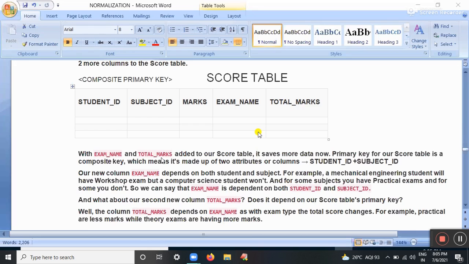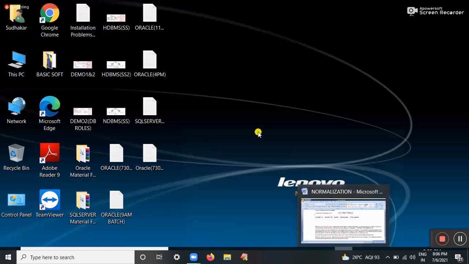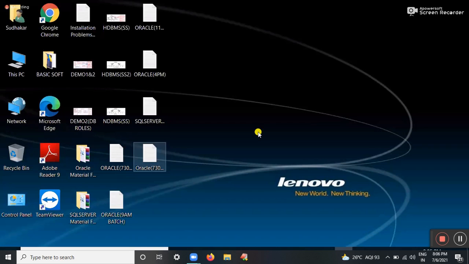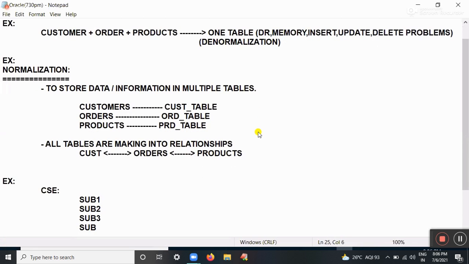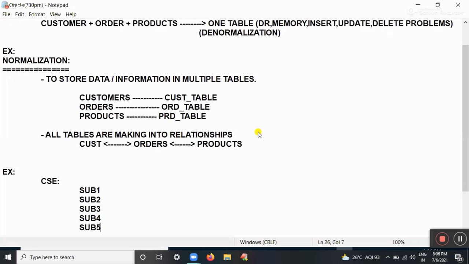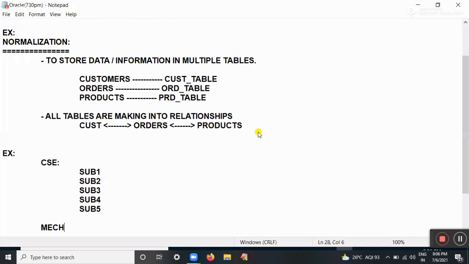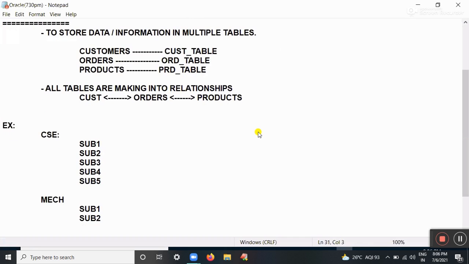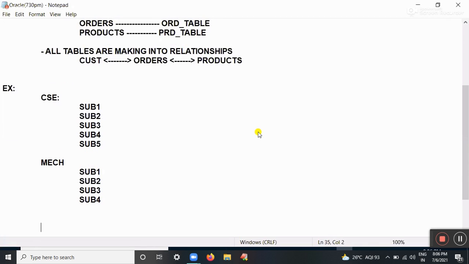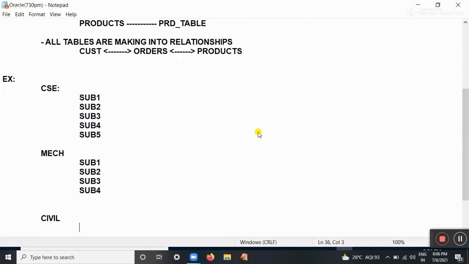Okay, for example, I will give some clarity on this. Suppose a CSC student is there, semester wise, having subject 1, subject 2, subject 3, subject 4, subject 5. So a total of 5 subjects are there. Suppose a mechanical student has subject 1, subject 2, subject 3, subject 4. A civil student has subject 1, subject 2, subject 3.